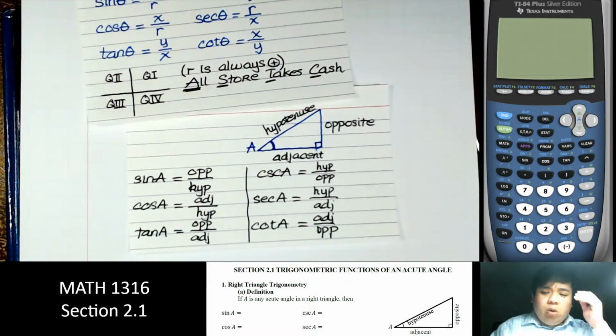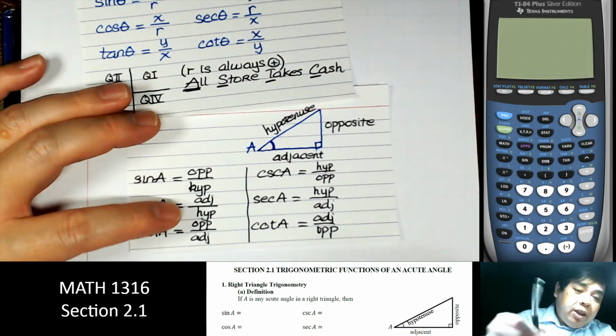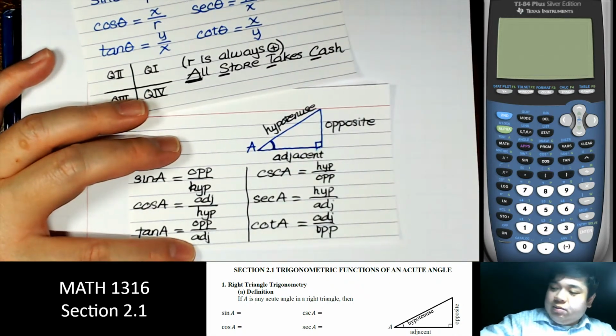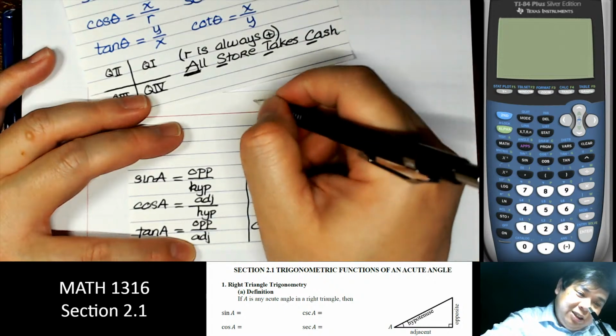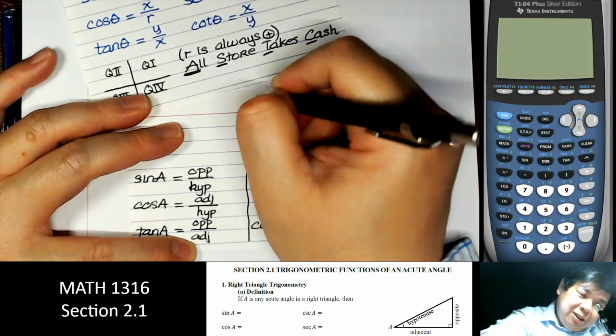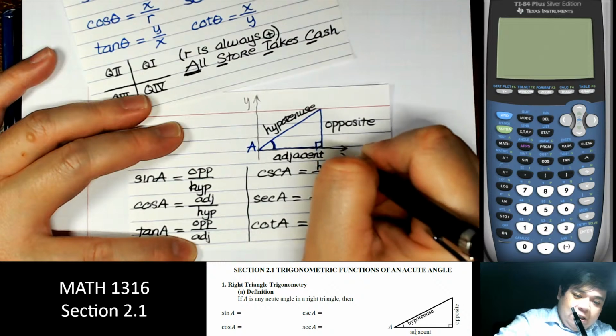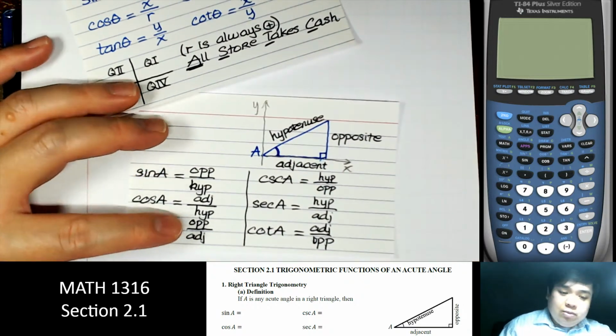Now to be consistent with what we have before, we draw the coordinate system, the y-axis and the x-axis.